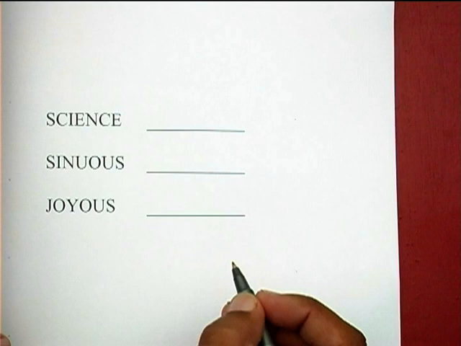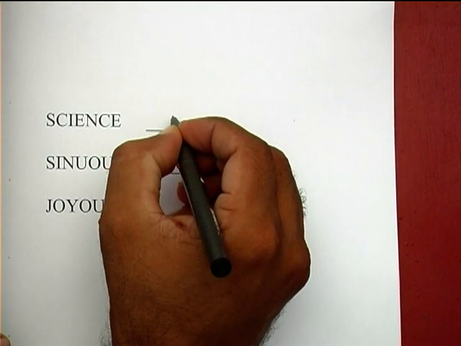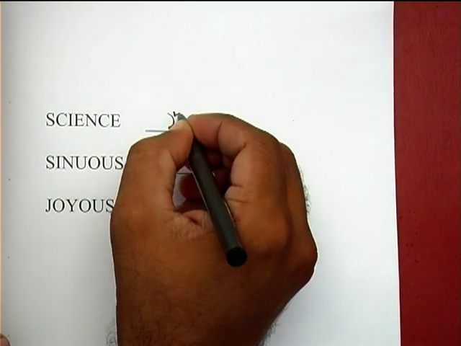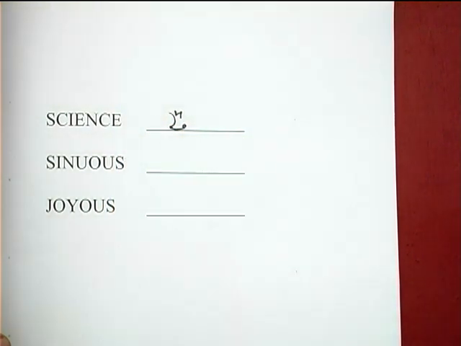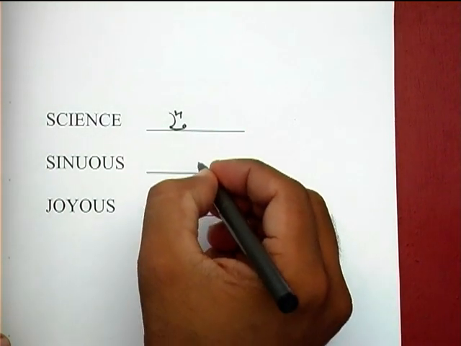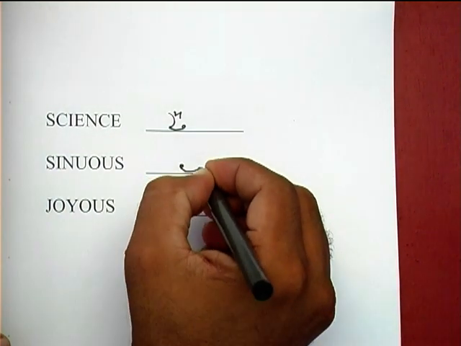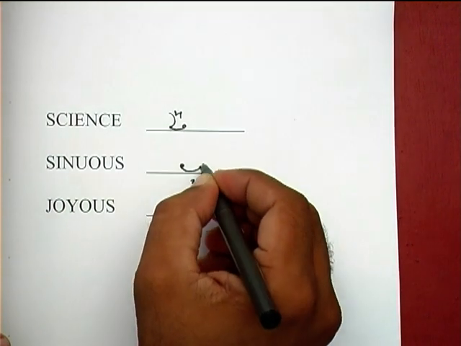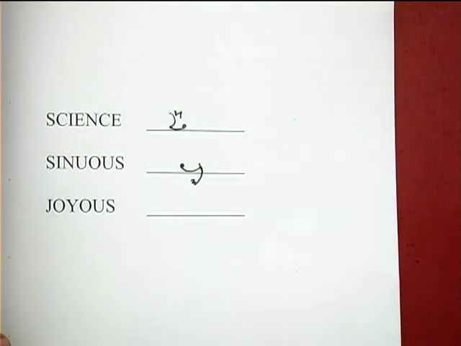Even when a triphone precedes or follows the consonant S or Z, stroke S or Z is used. You may observe the strokes made in the words science, sinus, joyous.